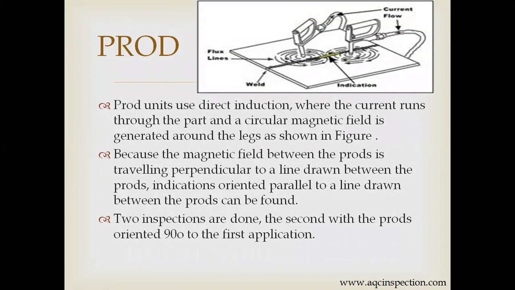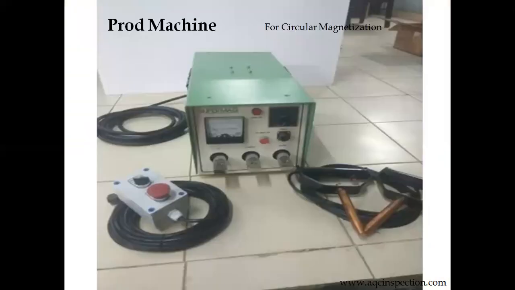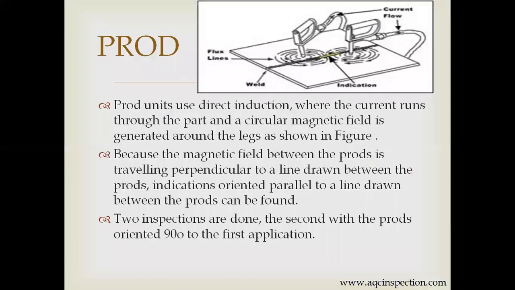Here is the second machine for circular magnetization: Prod. Prod machines have a portable transformer unit and handheld copper conductors, which produce a circular magnetic field in the material when current is applied.